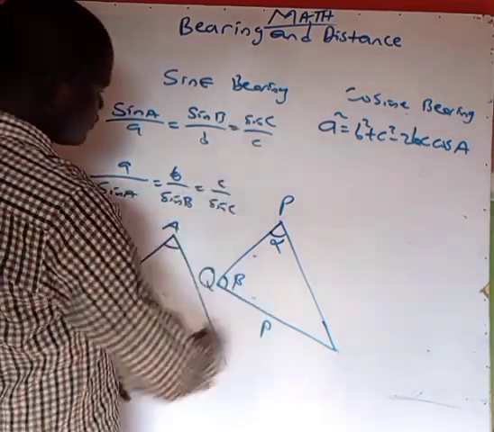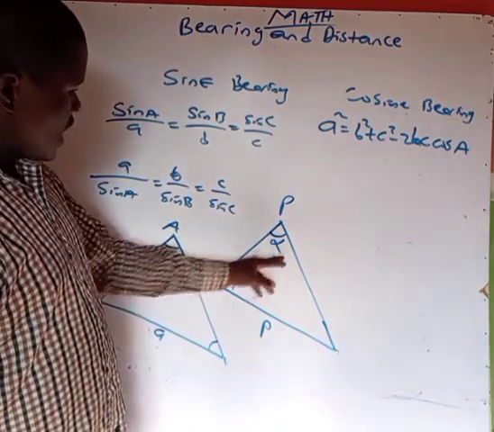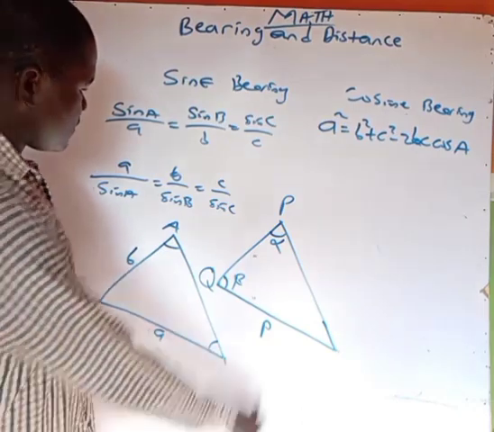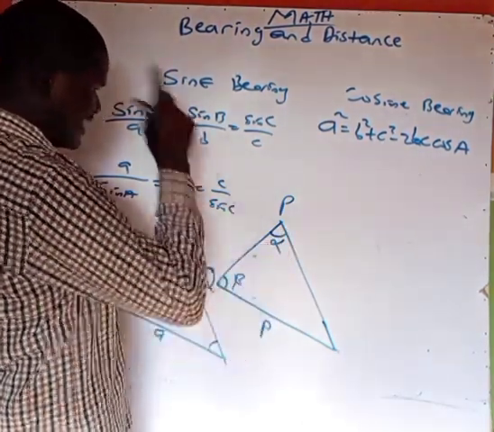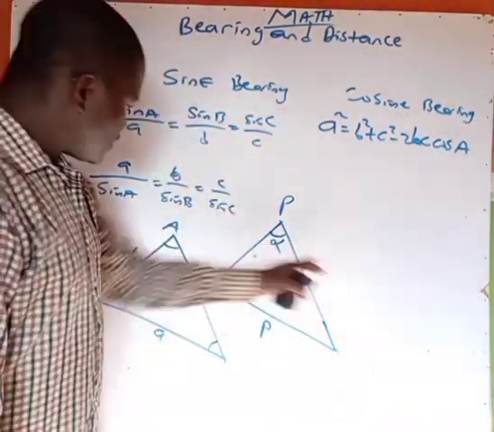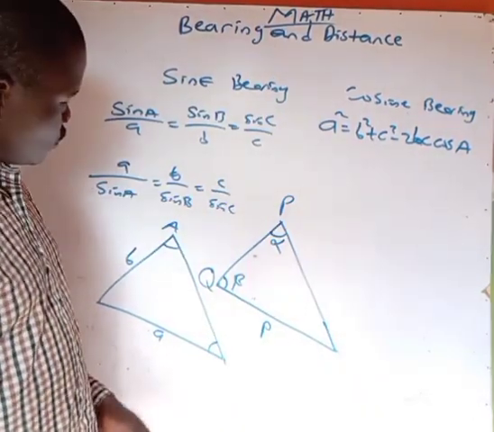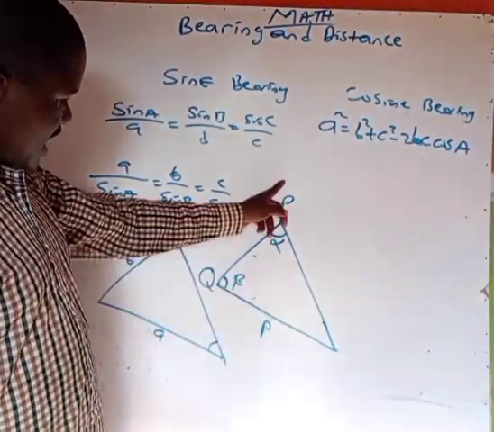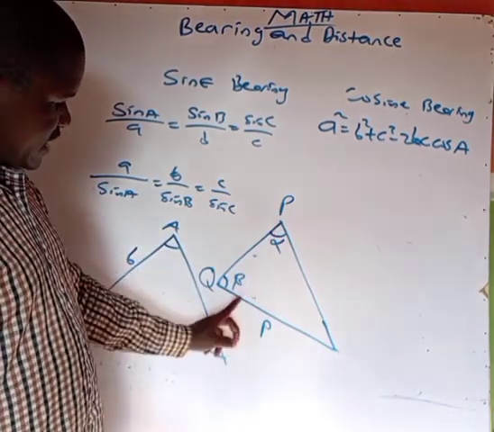Here you have two angles and one side, only one side, no other side. So you know this is the area where you are going to complete on the side.